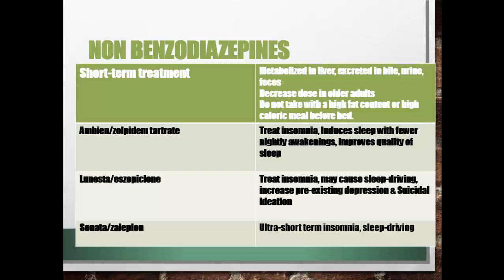Those are the brand names for those drugs. One thing, you will see these advertised a lot. And so there are patients that are going to be on these for the time being, and probably the one you're going to see the most in hospital settings is the zolpidem.